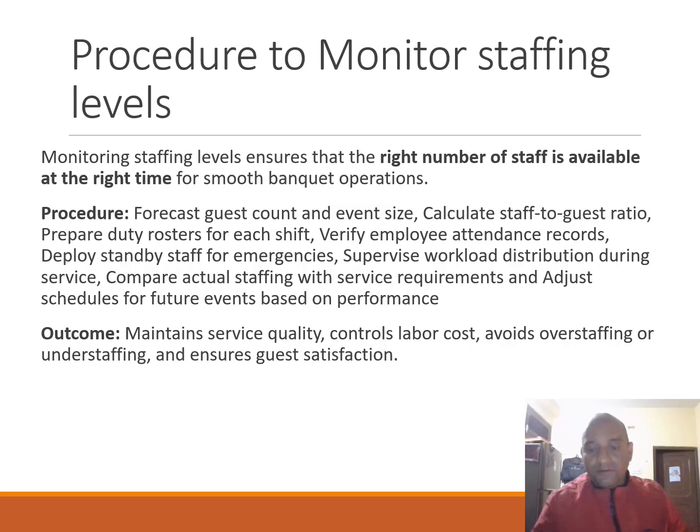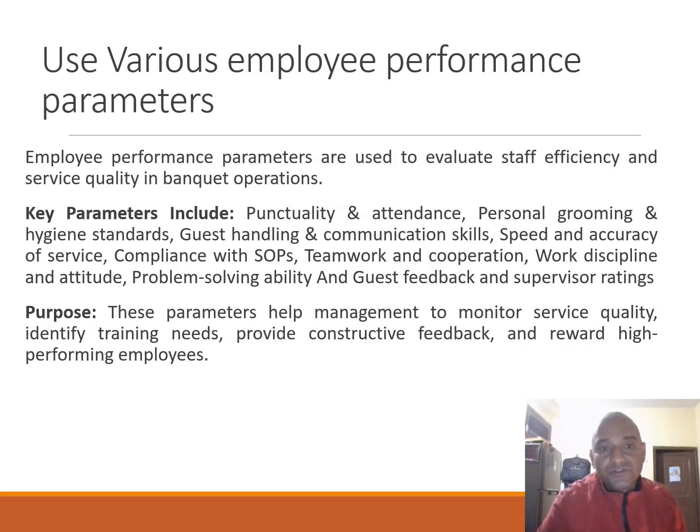Now, when we are talking about using various employee performance parameters, what can we do there? Employee performance parameters are used to evaluate staff efficiency and service quality in banquet operations.